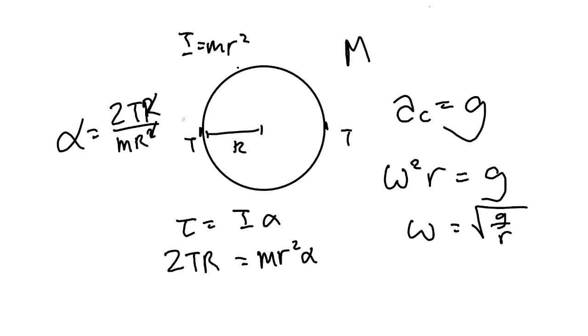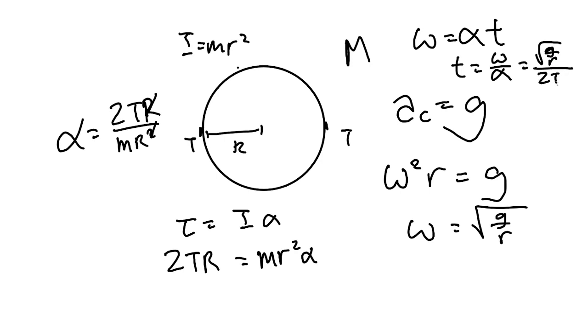Our angular velocity is equal to our angular acceleration times time. So our time is equal to our angular speed over our angular acceleration, which gives us the square root of g over r divided by 2t over mr, because it's multiplying by the reciprocal.